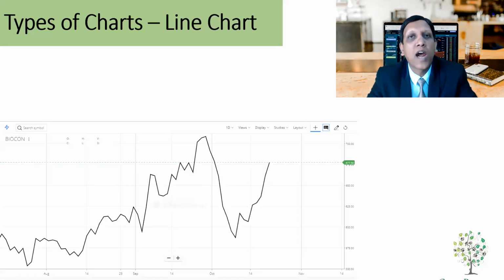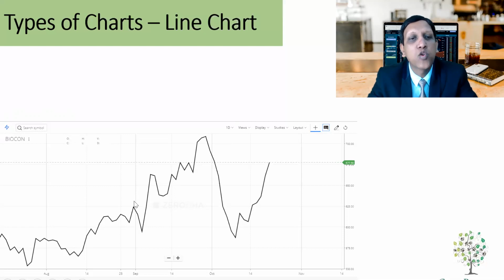So first type of chart is the line chart. Line chart is nothing but, as you can see, what we do is we plot the closing price of a stock. Every point you see, if it's a daily chart, is the daily closing price, and it forms the line chart.